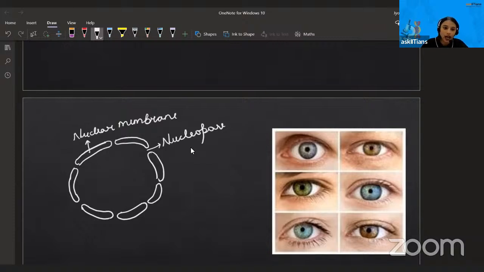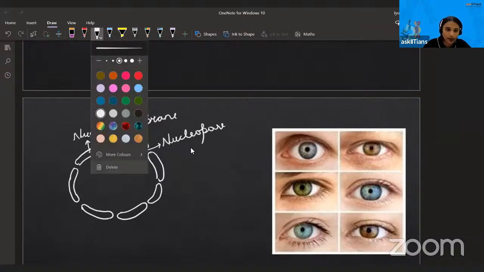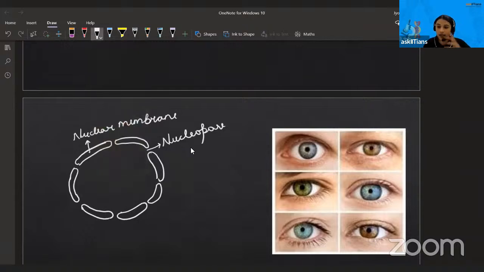Now, if you look inside the nucleus, you will observe there is a jelly-like material present.